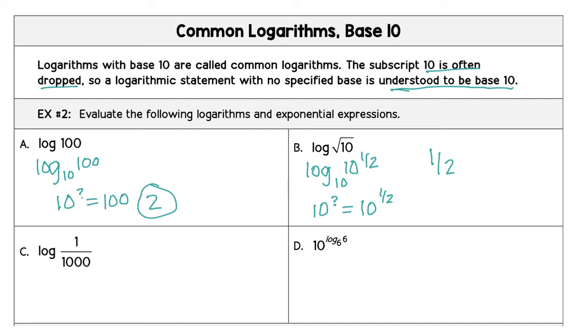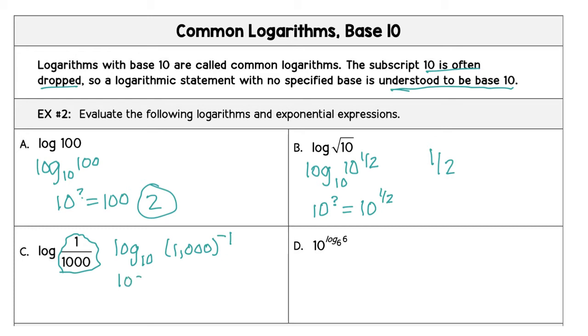All right, so part C, you've got to do some swapping. This is log base 10, and how can we flip all of that over? Well, that's going to be 1,000 raised to the -1. And then how are we going to get 10,000?